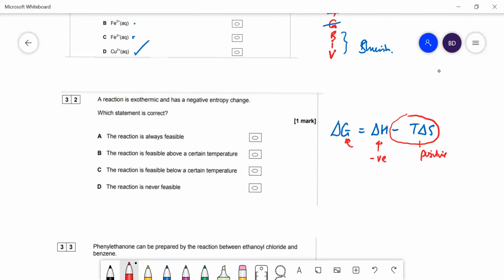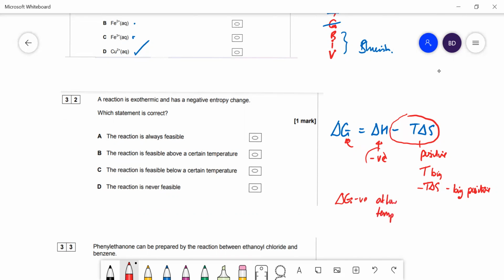So when T is big, the value of T delta S is going to be big, and it might be positive enough to cancel out the negative of that. So delta G will be negative at low temperatures.